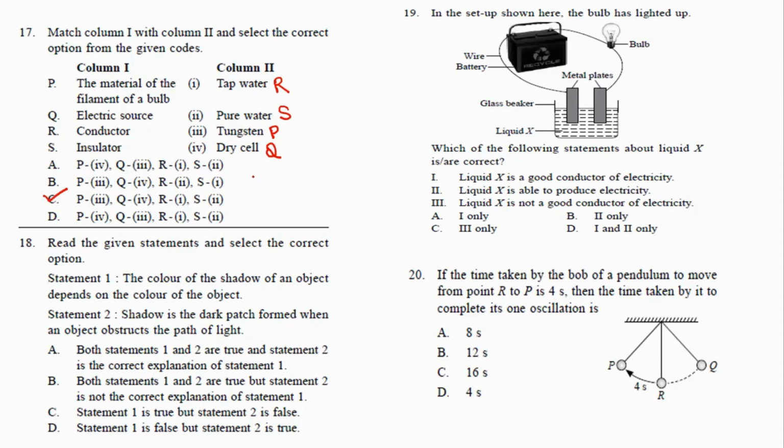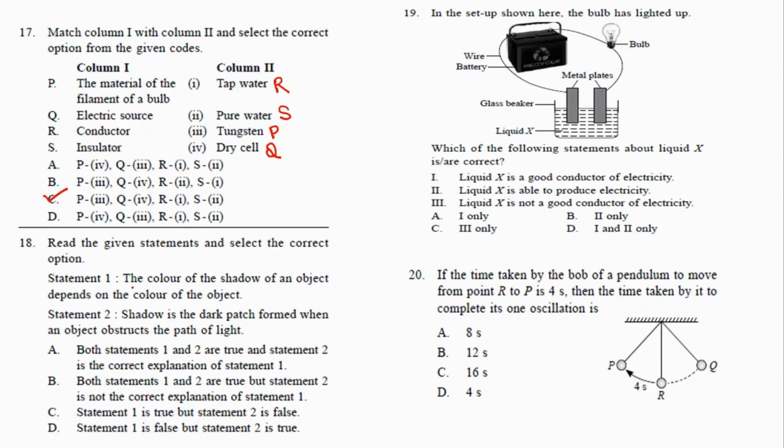Right? Okay. Now we come to question number 18. Read the given statements and select the correct option. So the first statement says, the color of the shadow of an object depends on the color of the object. And the second statement says, shadow is the dark patch formed when the object obstructs the path of light.